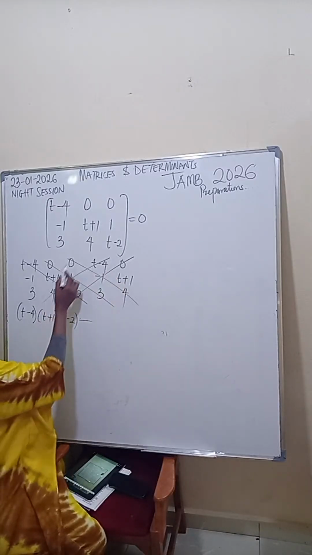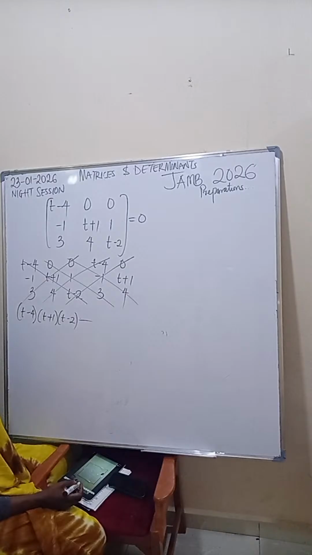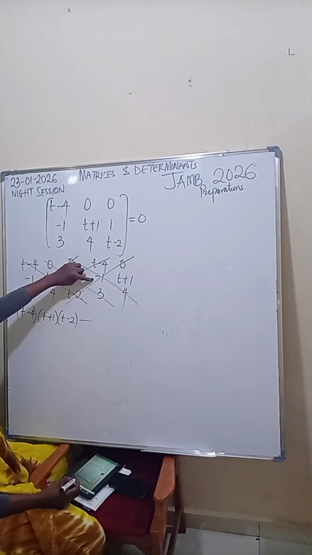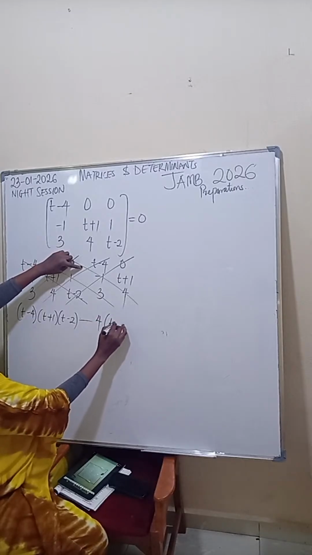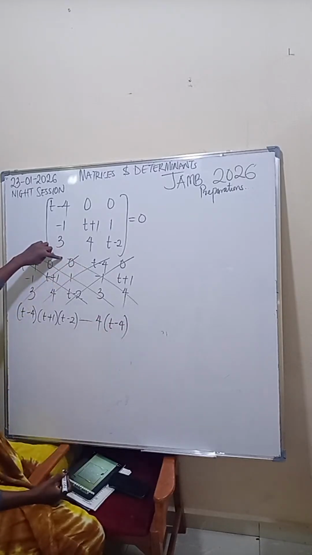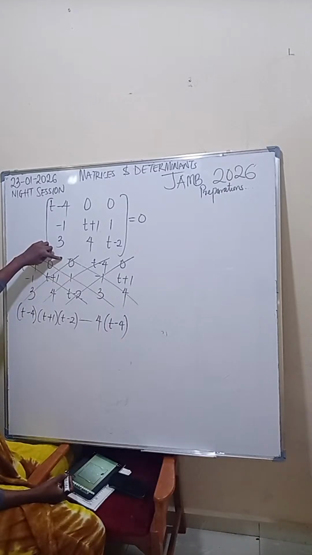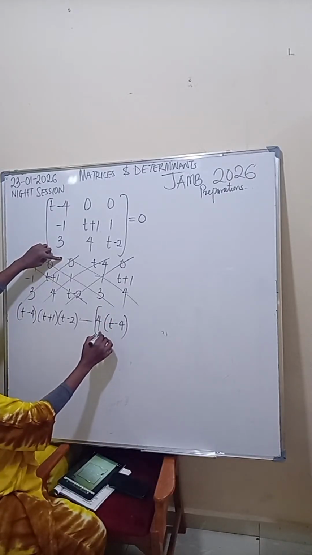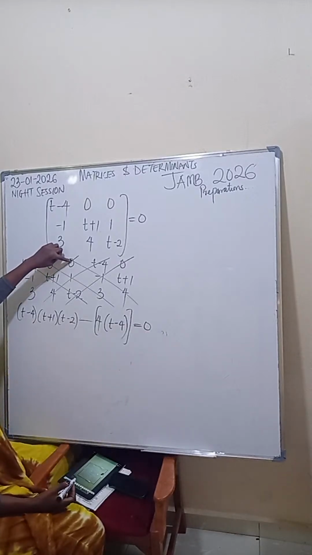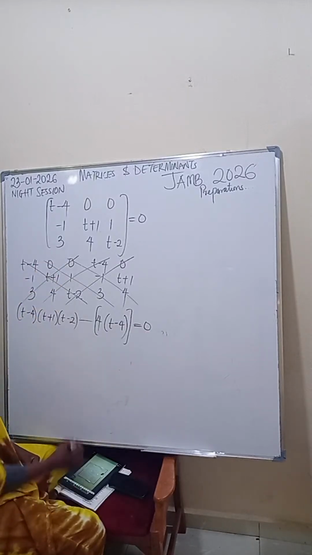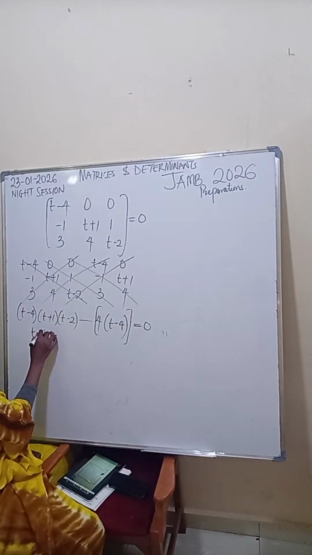Like this, then like this. So minus, here is 0 already, right? Then this becomes 4 multiplied by t minus 4. This also is 0. Since this is also 0.